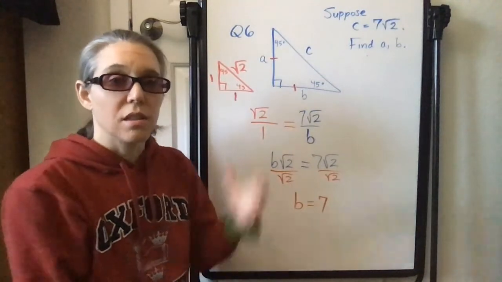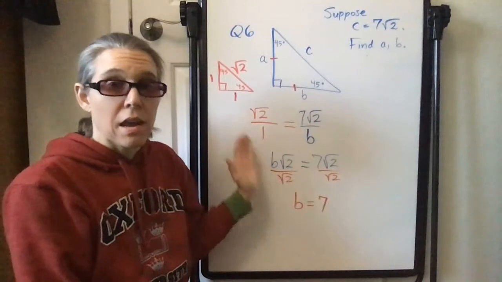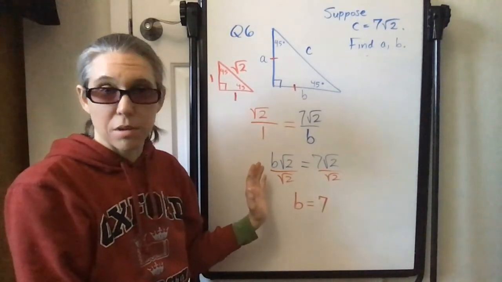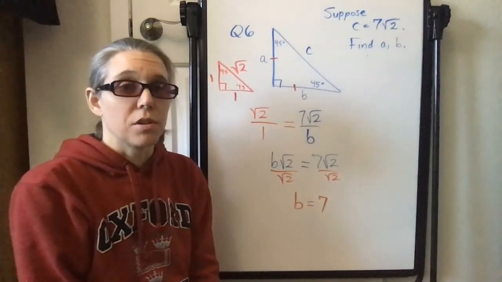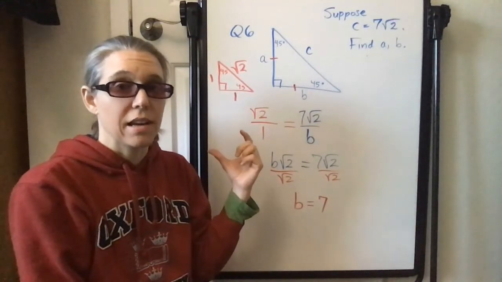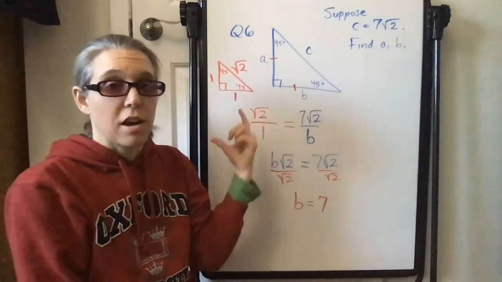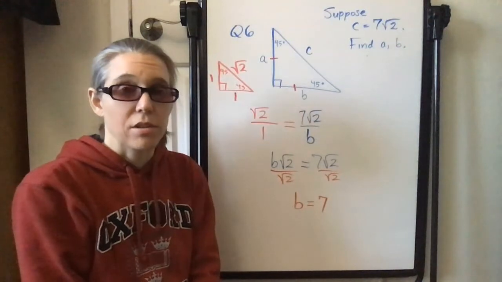So you can use either method. If setting up the proportion makes sense to you, and it's a way that you consistently get a right answer, then I highly recommend that you use this method. If you would prefer to just memorize the ratio between the leg and the hypotenuse and multiply or divide by the square root of 2, if your intuition really latches onto that, you can do it that way too.